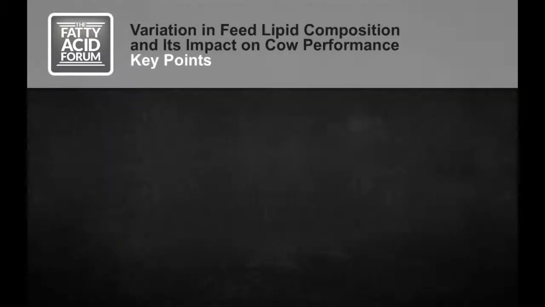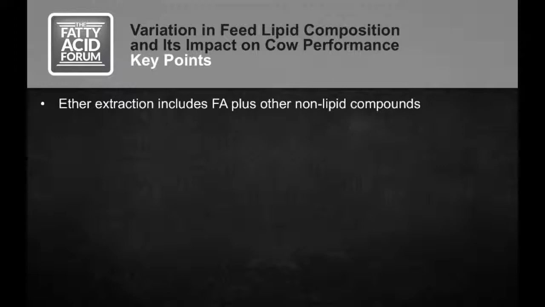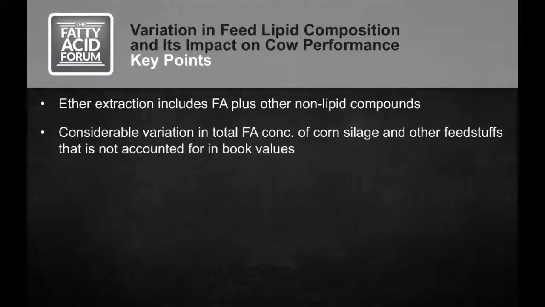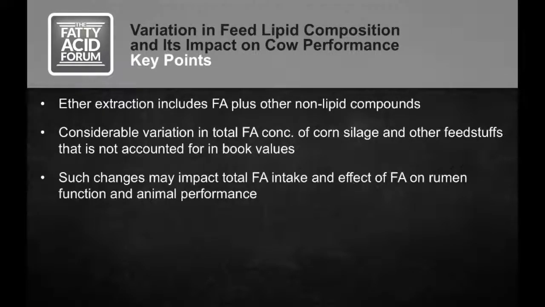So to summarize, ether extraction includes fatty acids plus other non-lipid compounds, and it's fatty acid that's the nutritional currency that we're interested in. There is considerable variation in total fatty acid concentration of corn silage and other feedstuffs, and this variation is not accounted for in book values.